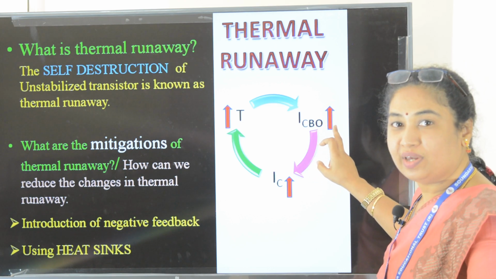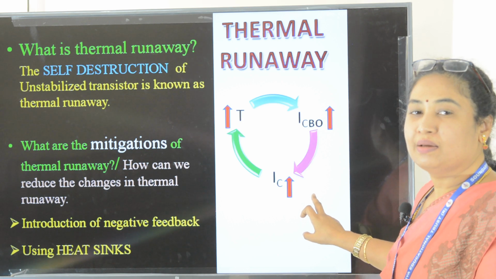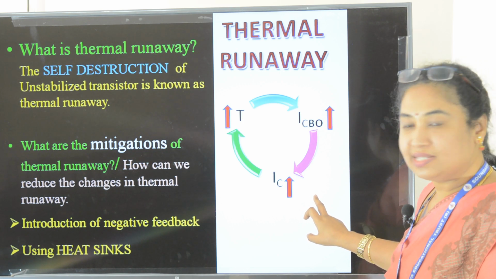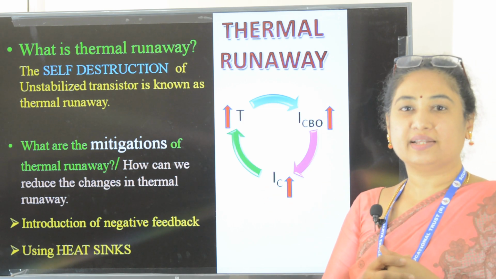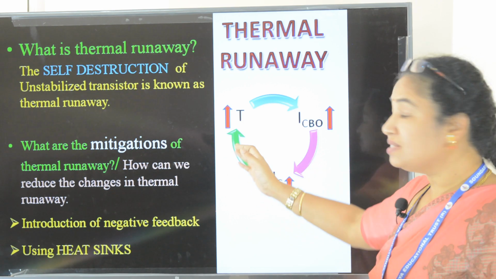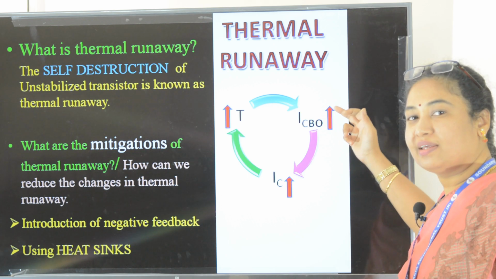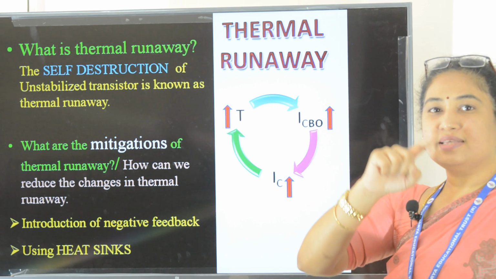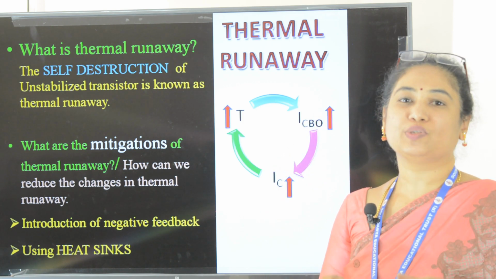As ICBO increases, the total collector current increases, because IC is equal to beta IB plus (beta plus 1) ICBO. So if IC increases, again at the junction of the transistor, the temperature will start to increase. As the temperature once again increases, ICBO increases, IC increases. This is a repetitive process, or this process is cumulative, and this keeps on repeating.